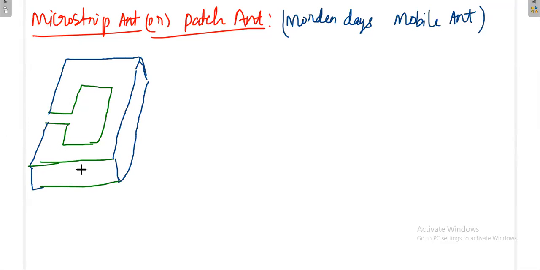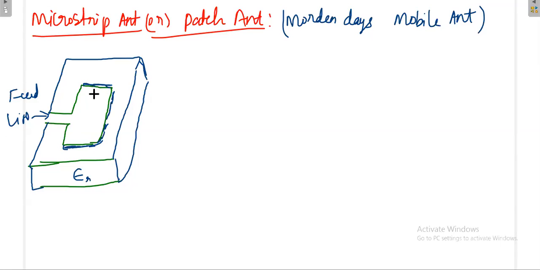This is the dielectric material, epsilon r, and this is the feed line. This entire thing is a surface conductor like this, because above the dielectric, a conductor sheet is there.